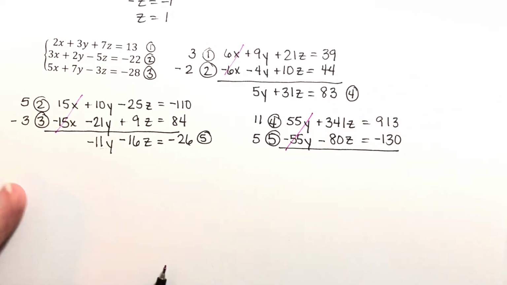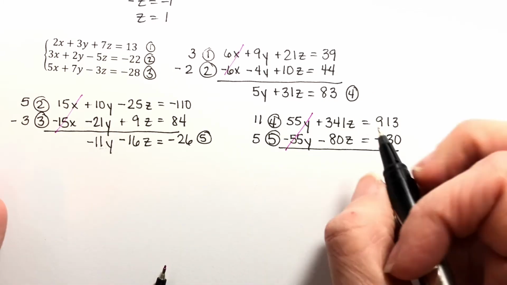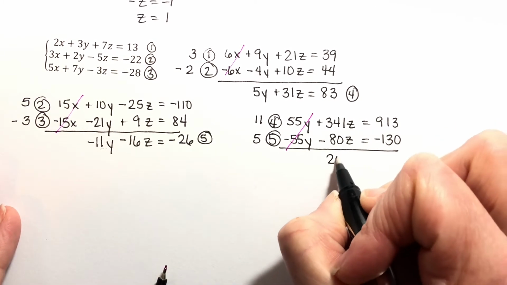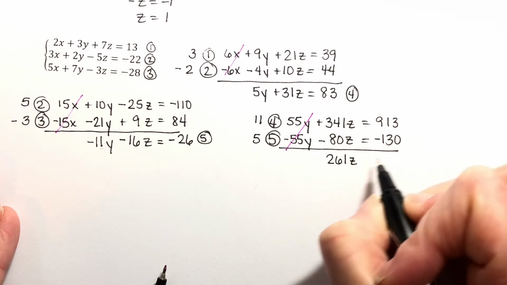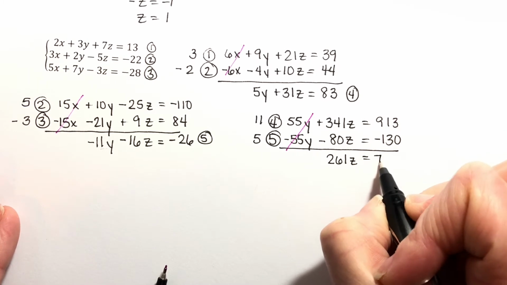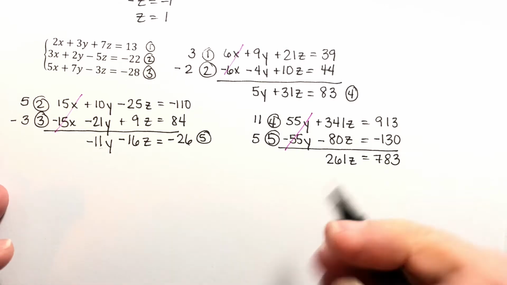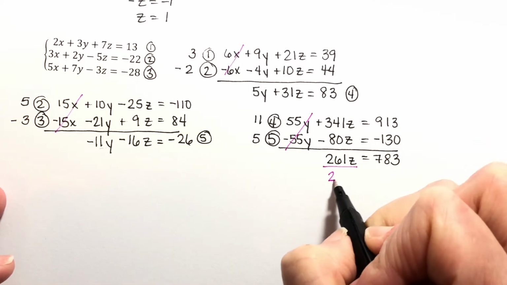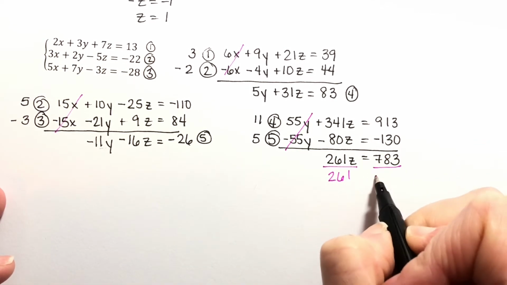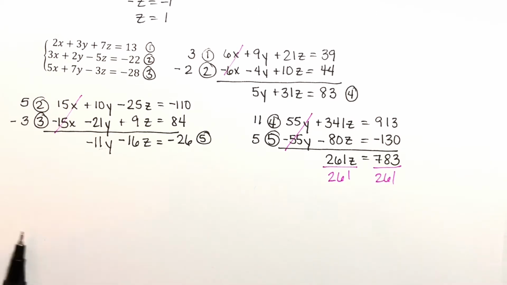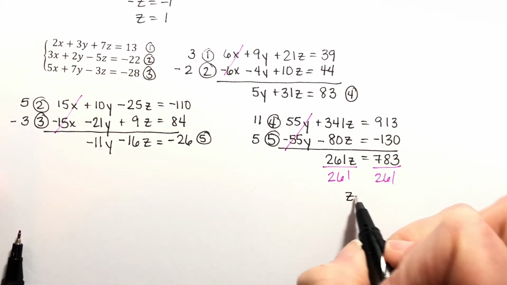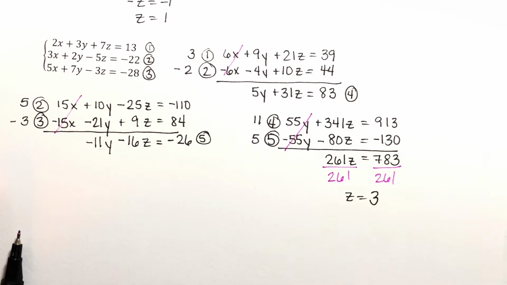Those cancel, combine like terms, and you get 261z is equal to 783. Divide both sides by 261. And you'll get z is equal to 3.